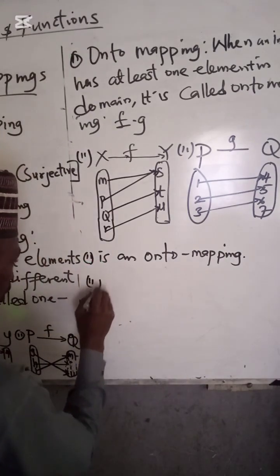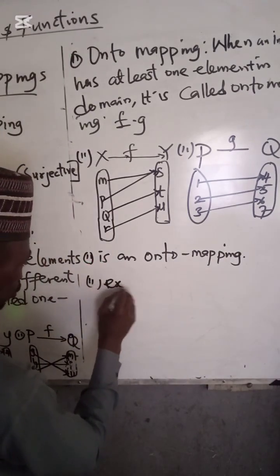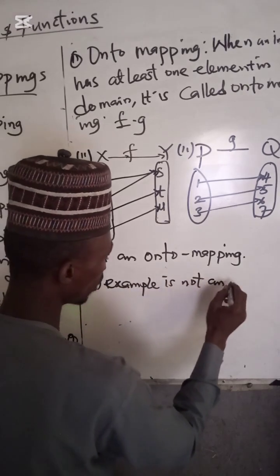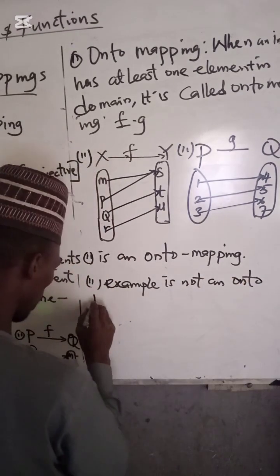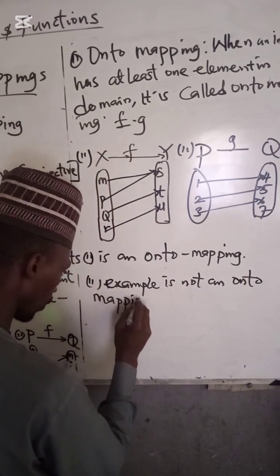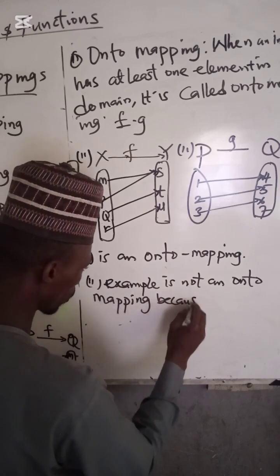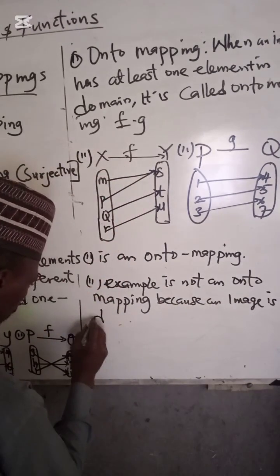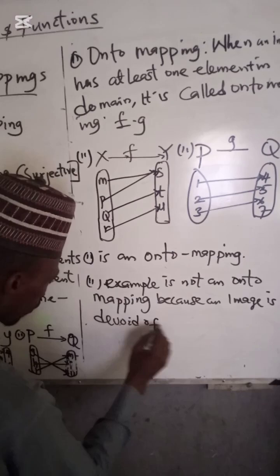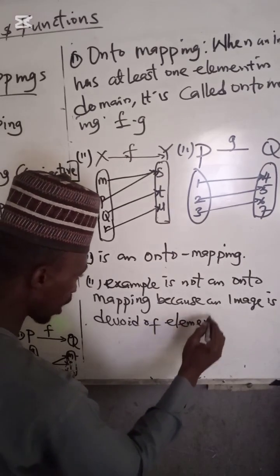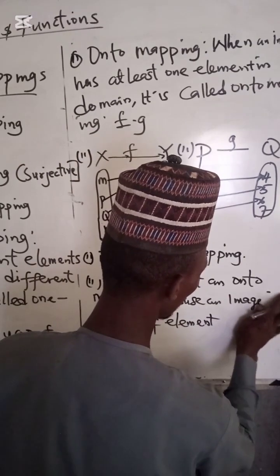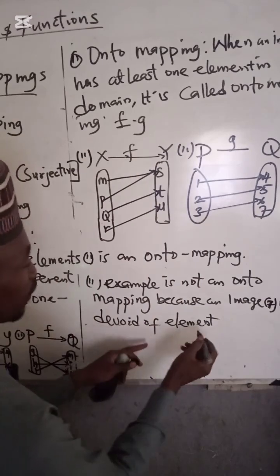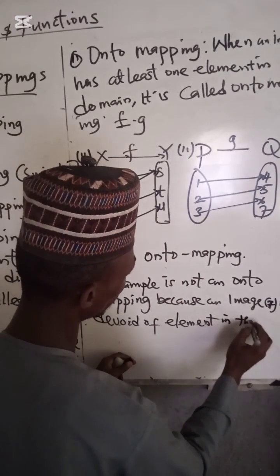Example 2 is not an onto mapping because an image is devoid of elements. And which image? Image 7 is devoid of elements in the domain.